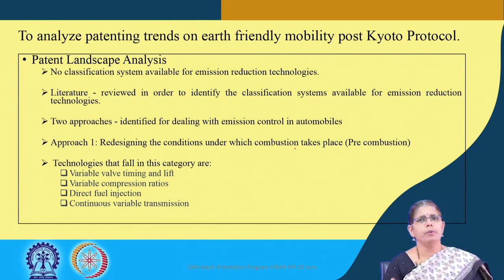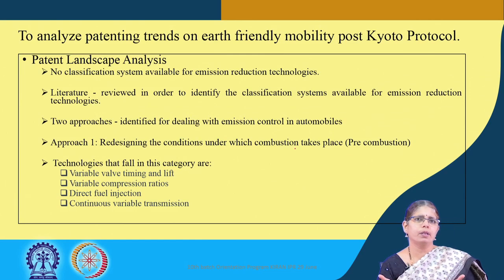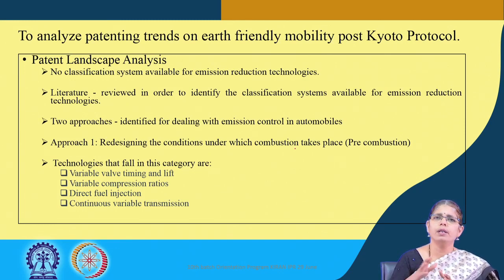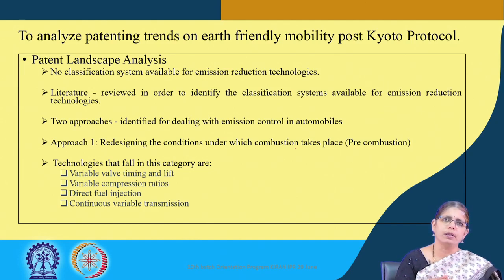So, how do you approach preparing a patent landscape in an area like this? One needs to take into consideration the sector that you are looking at. So, is it the automobile segment? One needs to look at what is the sector.